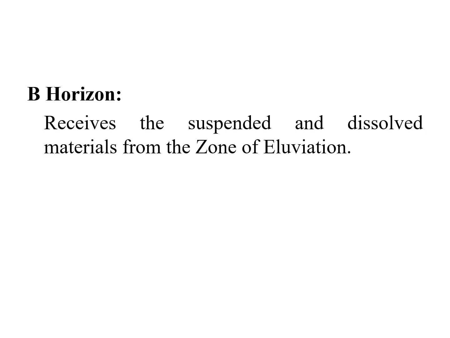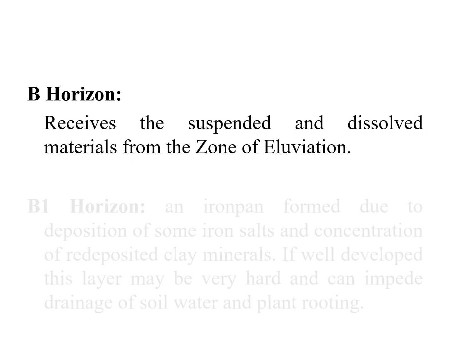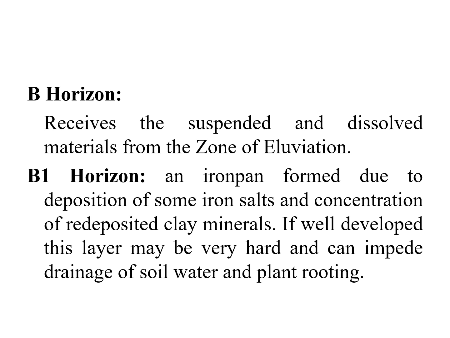The B horizon receives the suspended and dissolved materials from the zone of eluviation. Then the B1 horizon is the iron pan formed due to deposition of some iron salts and concentration of redeposited clay minerals. So if well developed, this layer may be very hard and can impede drainage of soil water and plant rooting.